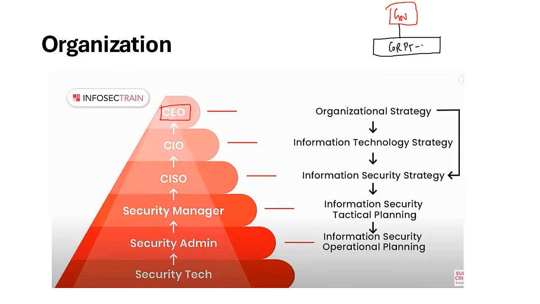Corporate governance is the one who sets the goals, and they are the one who set the direction. Hey guys, we have to start a new business, we want to go digital. That is defined by the corporate governance. Now who is part of corporate governance? Board and senior management. They are the ones who set the goals.